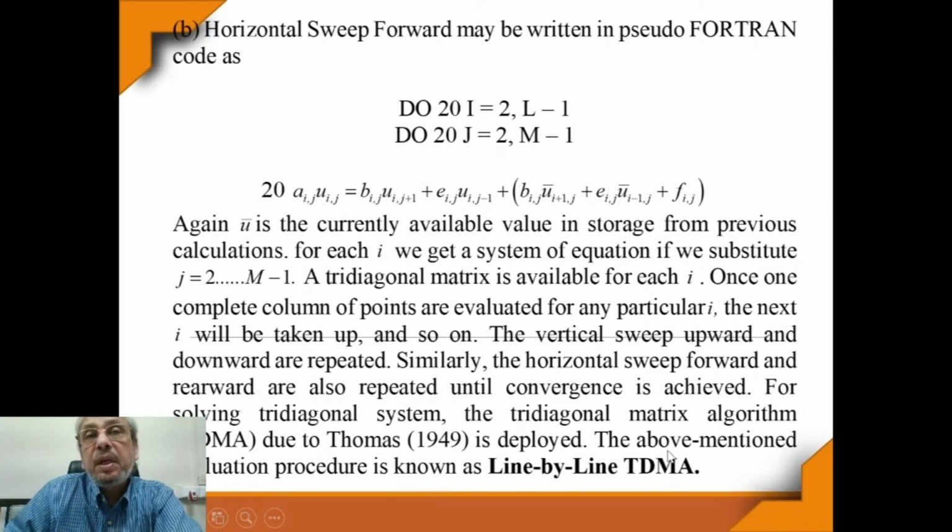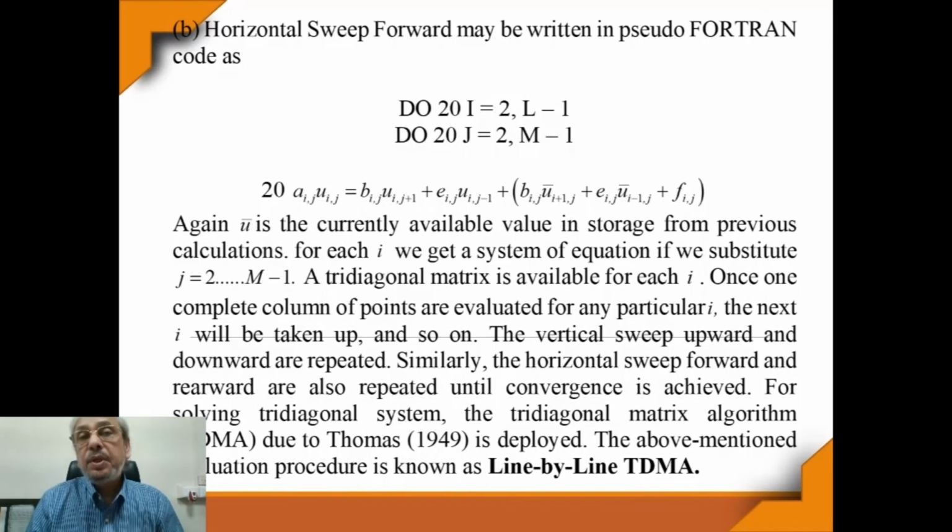This is quite similar to the alternating direction implicit scheme, but here, from the field variables, we are updating the values, keeping basically one variable direction implicit. Once we are keeping j variables implicit, for every i we are running a tridiagonal matrix in the j direction.